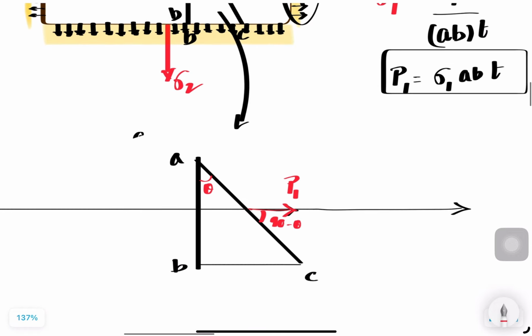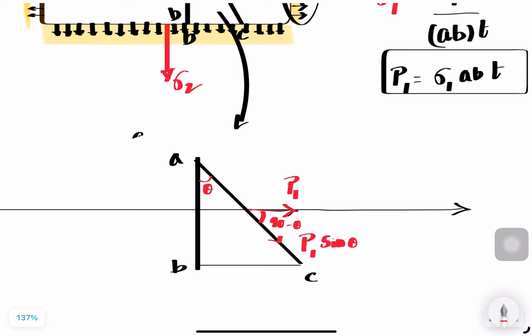One tangential, which is going to be P1 cos 90 minus theta. Cos 90 minus theta is sine theta. And the perpendicular component, which is P1 sine 90 minus theta. Sine 90 minus theta is cos theta.